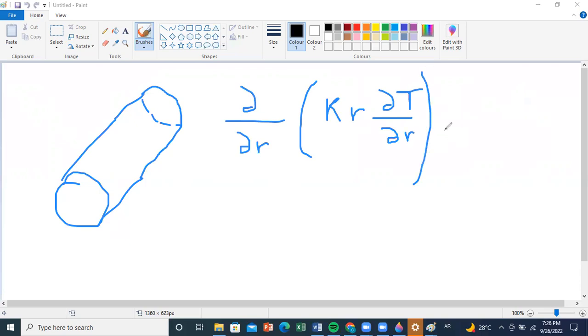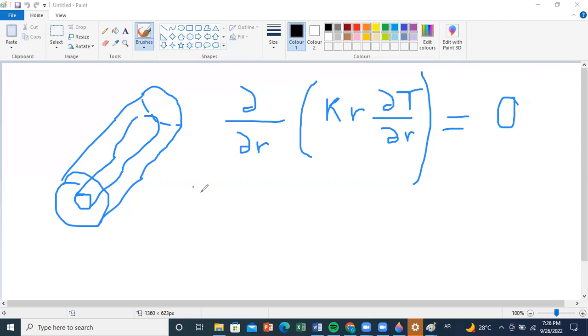How can you proceed? You say, if I know that this differential equation is driving variation of temperature in my cylindrical system or in my annulus system, I can say that first I integrate. So let us integrate the first time with respect to R. What do we get?